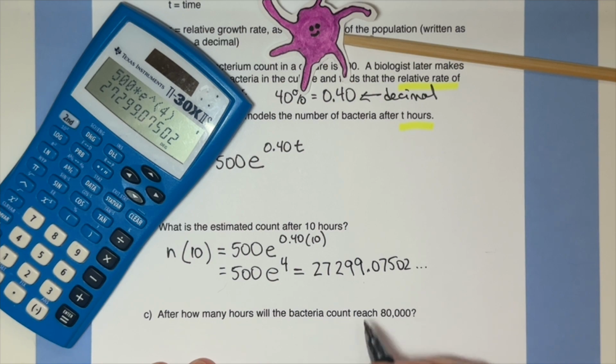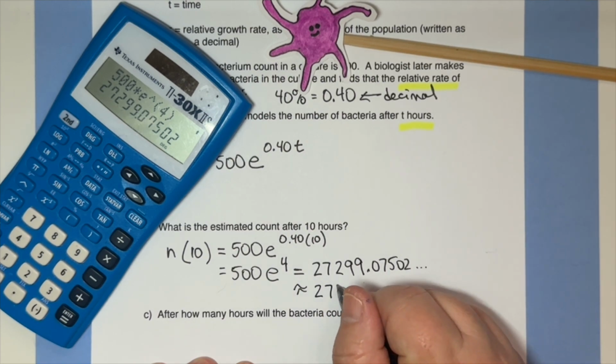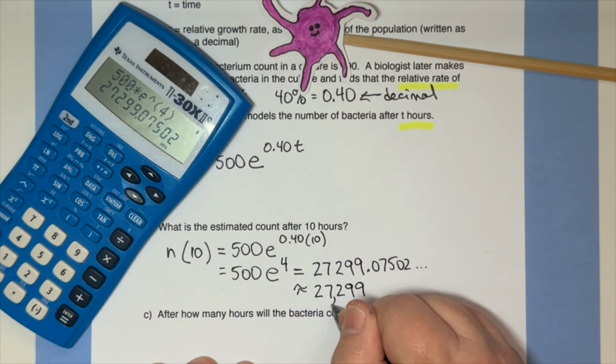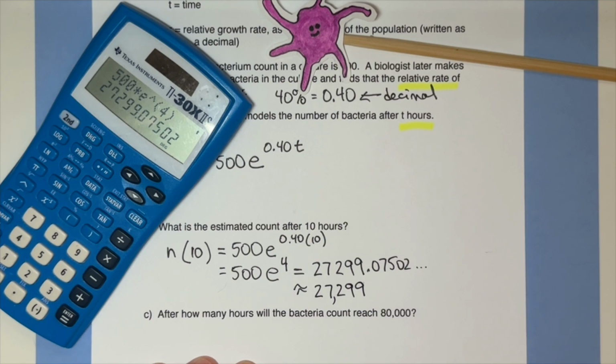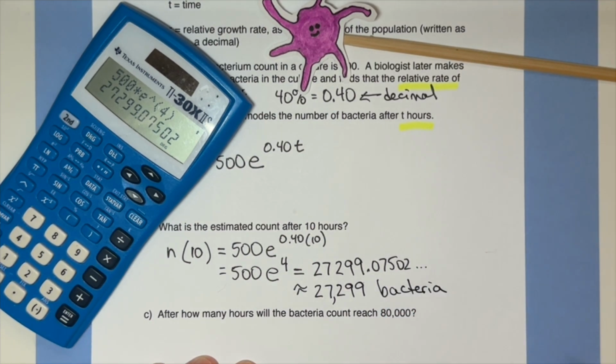And I forgot to say how to round it, so let's just round to the nearest one. That would be 27299, so about 27,000 bacteria, which is impressive. It started with 500 and it just escalated from there.